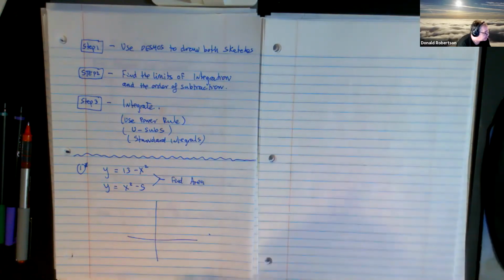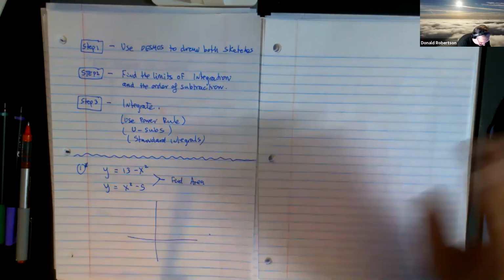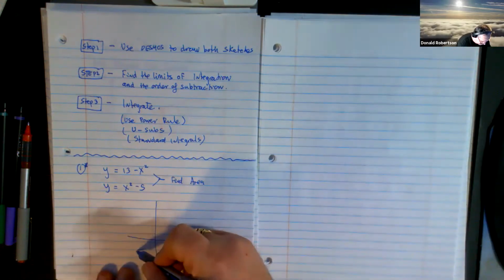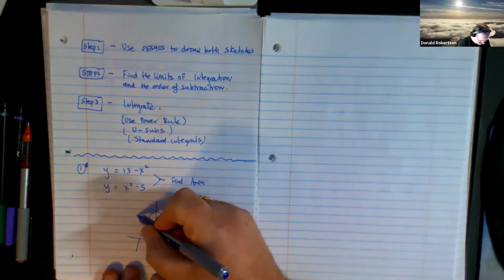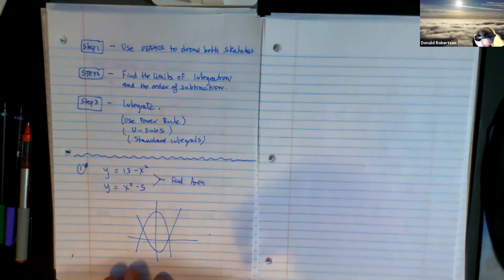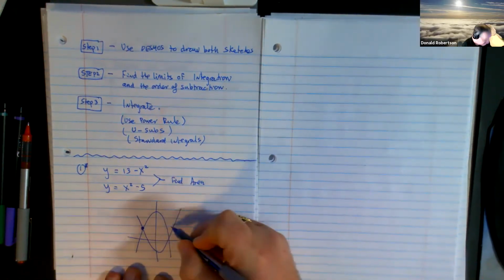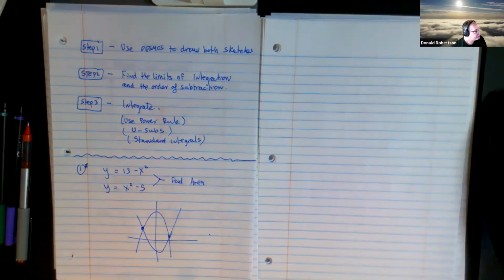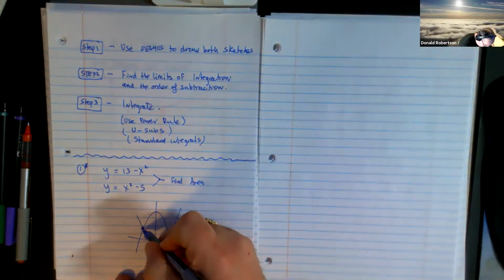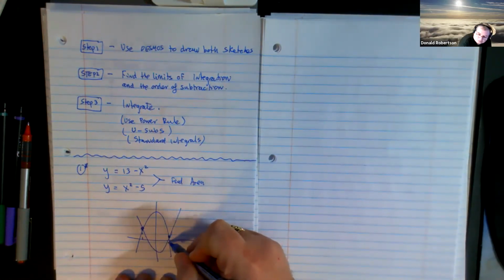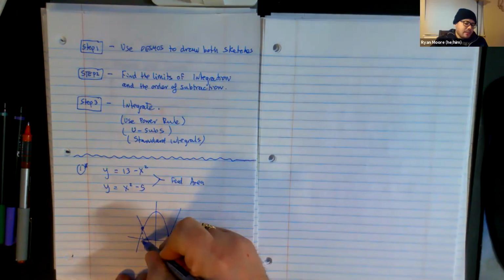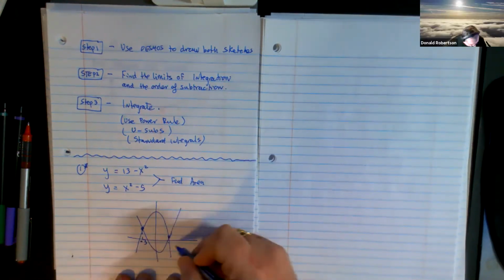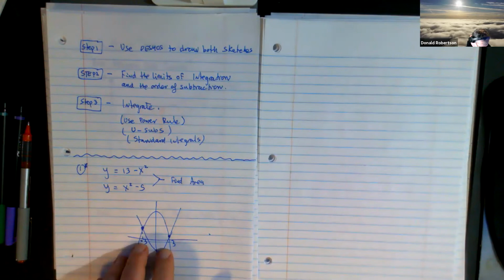The curve we just had a few minutes ago went like this, and another curve went like that. And there was a point here and here. Can you remember the x coordinate of these two points? -3 and 3. Thank you, because I wasn't sure. So we got that.